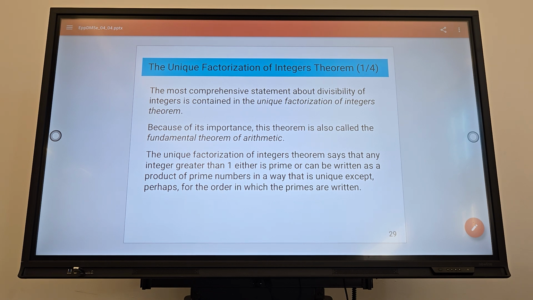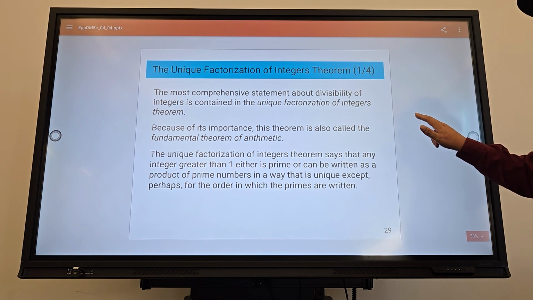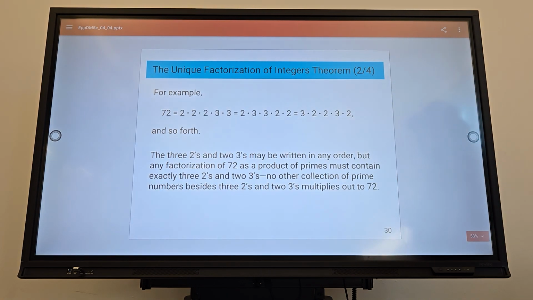The unique factorization of integers theorem says that any integer greater than 1 is either a prime or can be written as a product of prime numbers in a way that is unique, except for perhaps the order in which the primes are written. Example: 72 equals 2 times 2 times 2 times 3 times 3.